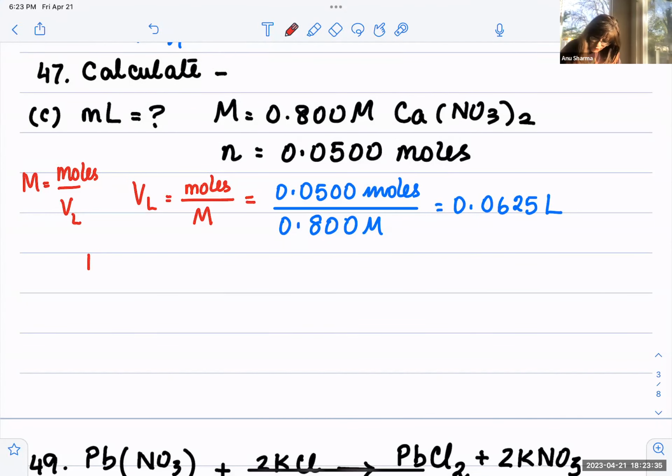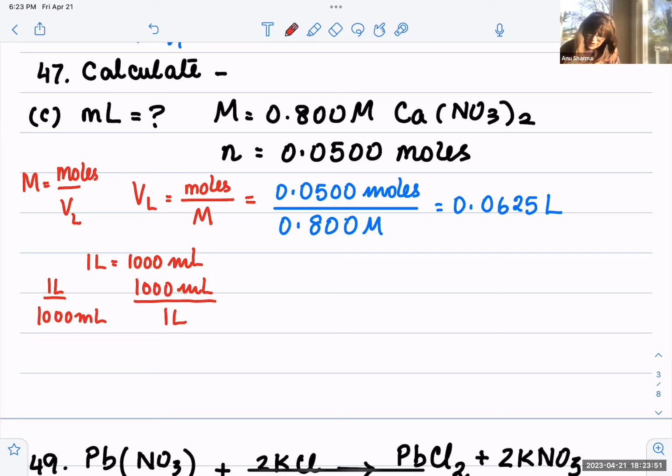So we know that 1 liter is equal to 1000 milliliters, right? So convert 0.0625 liters, multiply by 1000 milliliters over 1 liter.